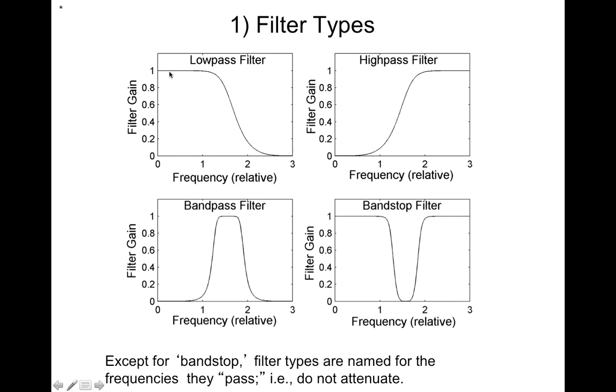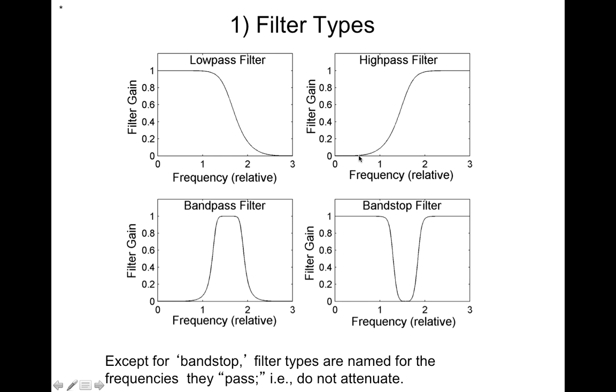In this first example, you can see that for some lower frequencies, the output over input is equal to 1, and then something happens around 1.4, and suddenly the output begins to drop significantly as a function of the input. We would call this a low-pass filter, because at the lower frequencies, output and input are equal. At the higher frequencies, output is equal to 0.